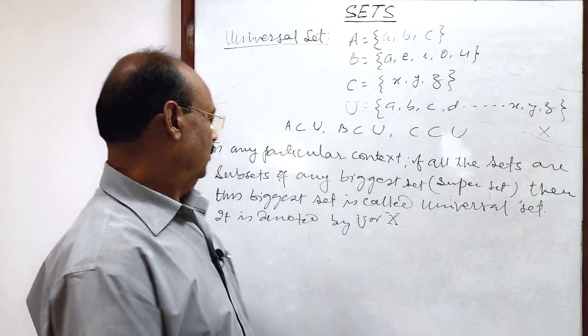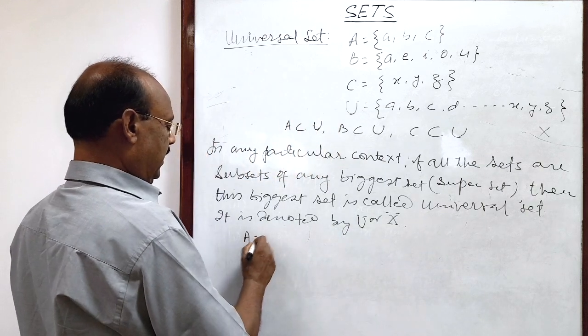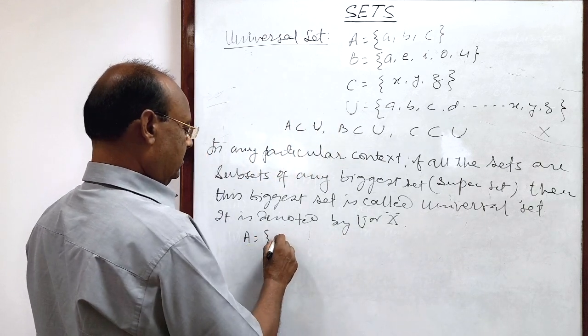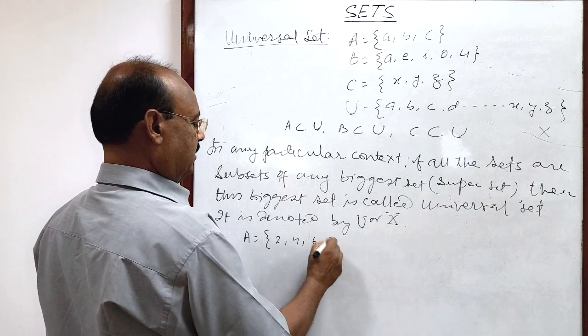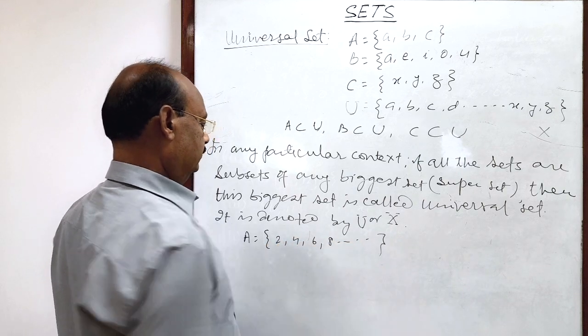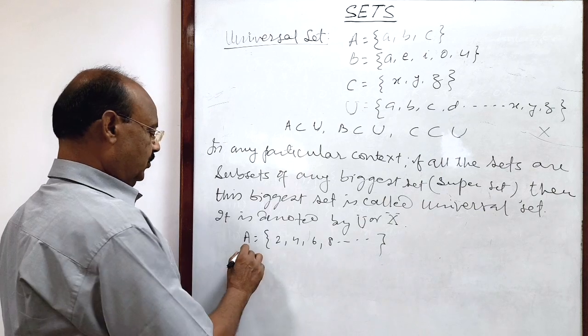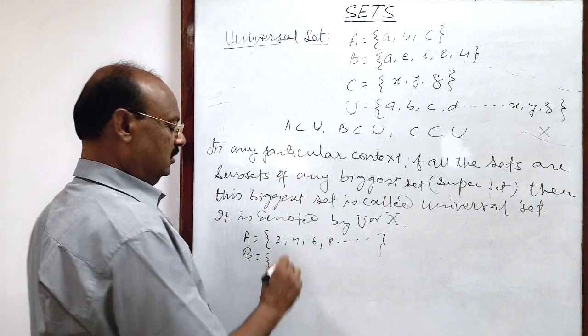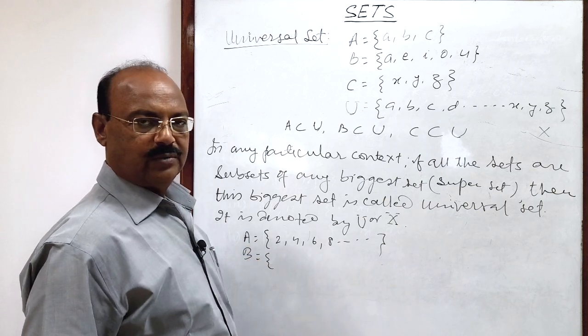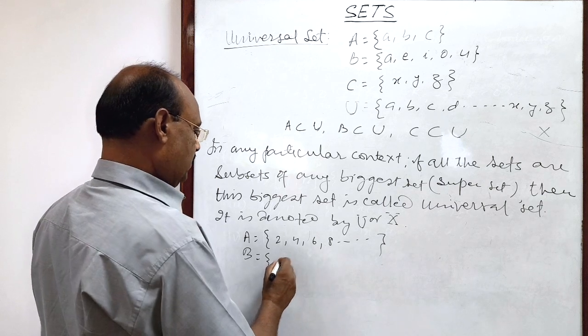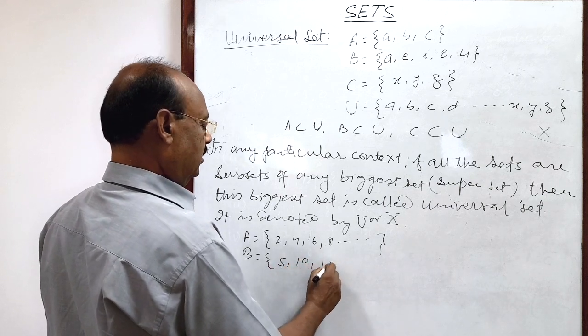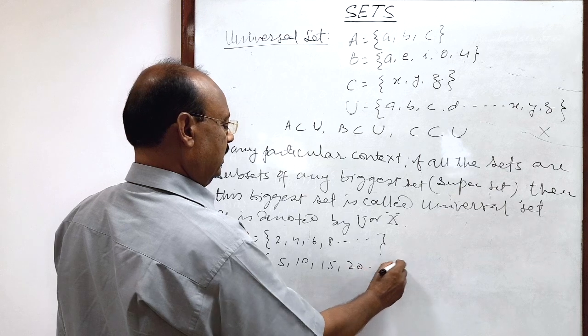Suppose we take a set A having all even numbers 2, 4, 6, 8 and so on. Or suppose you take another set B, here all numbers multiple of 5, means 5, 10, 15, 20 and so on.